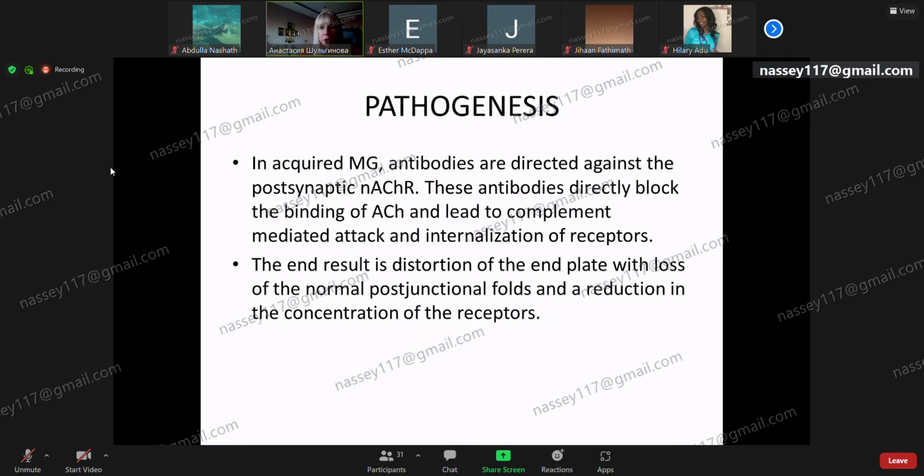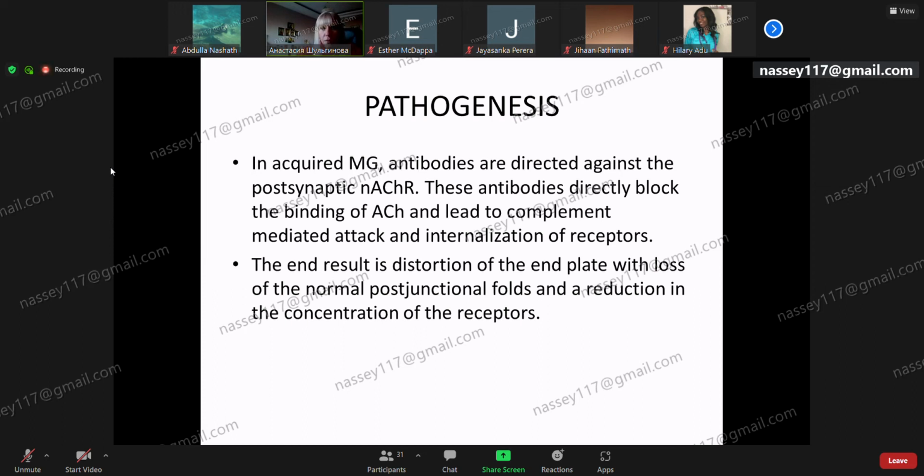In pathogenesis, antibodies are directed against the postsynaptic nicotinic acetylcholine receptors. Those antibodies directly block the binding of acetylcholine and lead to complement-mediated attack and internalization of receptors. We said about it before.